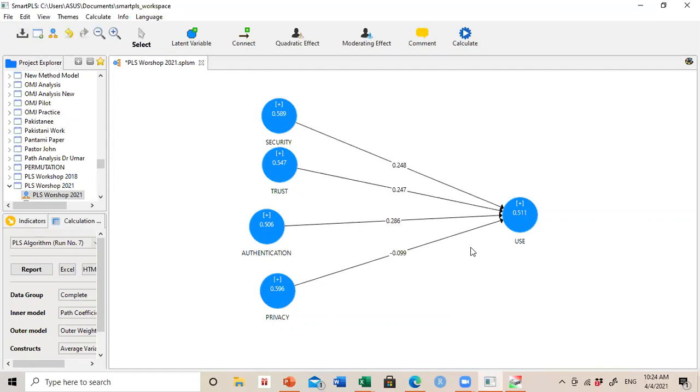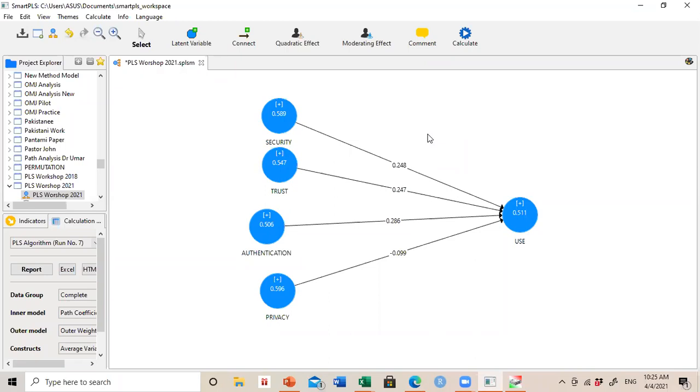Can anybody tell me the difference between a negative and a positive beta value? Here, all of them are positive, but this one is apparently negative. Not the strength of the relationship, but the direction of the relationship. A negative relationship between privacy and use does not mean there is no relationship, but that the relationship is negative.